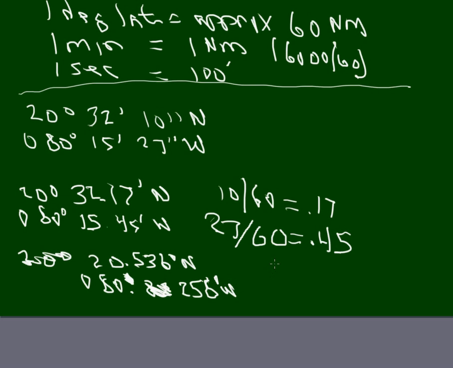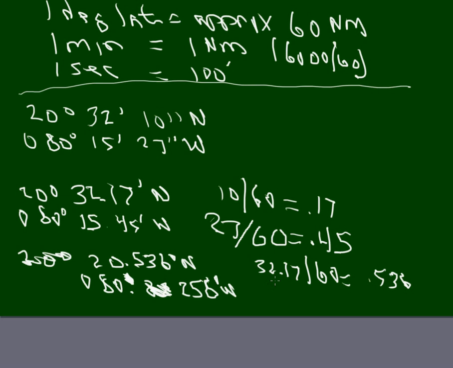And I got that because 32.17 divided by 60 equals 0.536 when you round it.